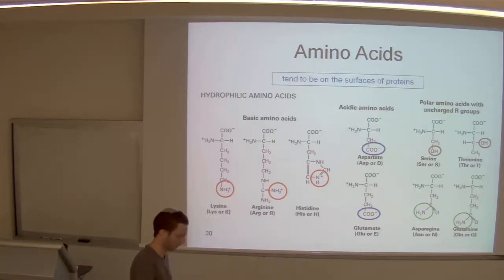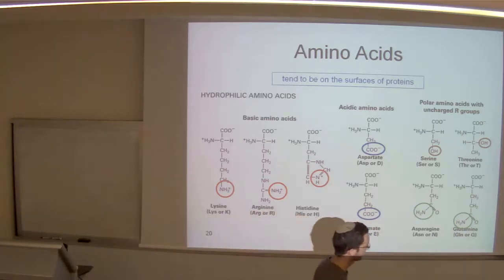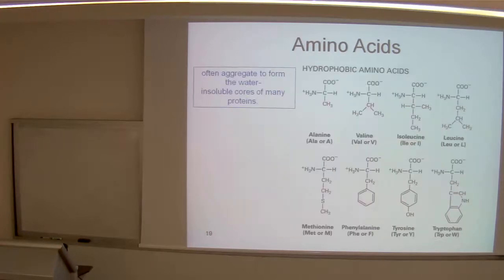Now, just note that we have a tyrosine here. The location of the aromatic ring really does not allow for any stable hydrogen bonds to happen around this moiety.